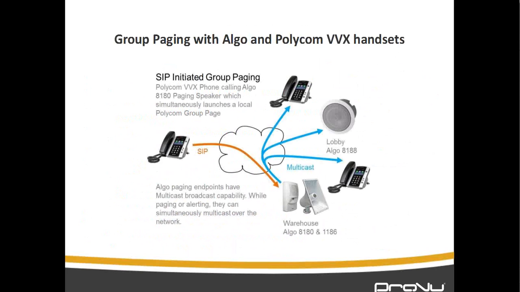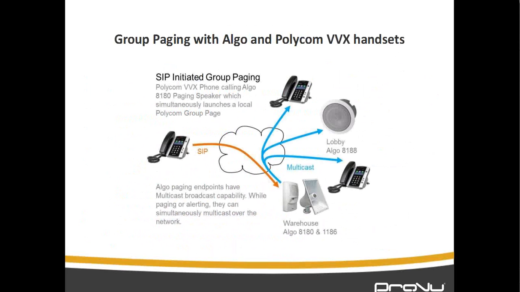So before we go to the questions and answers, I just want to run past some scenarios that could be used with these products. One of them is group paging. If you have used Polycoms, Polycom has a feature called group paging. You make a SIP call or go to the Polycom phone, initiate a group page, and it will ring all the handsets in the group page.